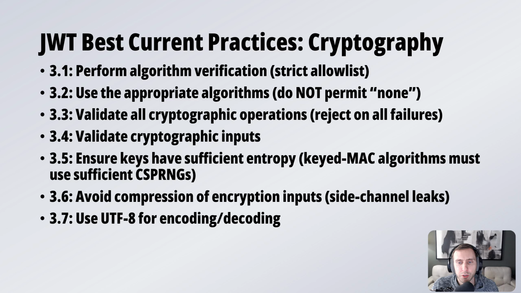Now, some of these you'll note that we didn't necessarily cover attacks for, and that's worth keeping in mind, that some of the things that are in this best practices document are there certainly for a reason, and might also be worth keeping in mind when you're thinking about undermining the security of JWT implementations. So I'm just going to go through them quickly. You can reference the document if you're really interested in seeing them in detail.